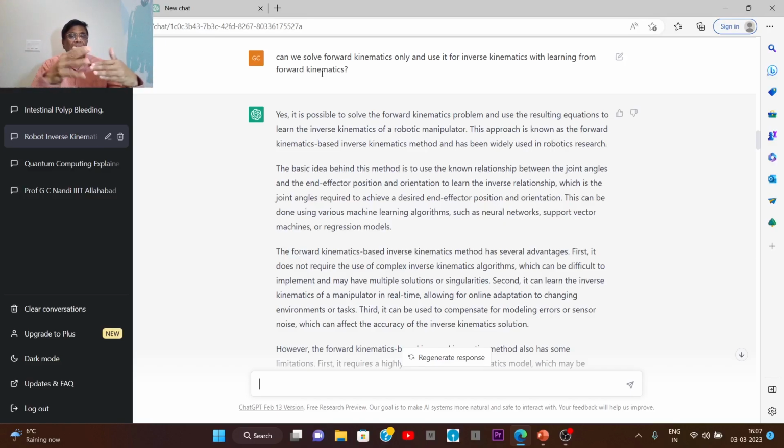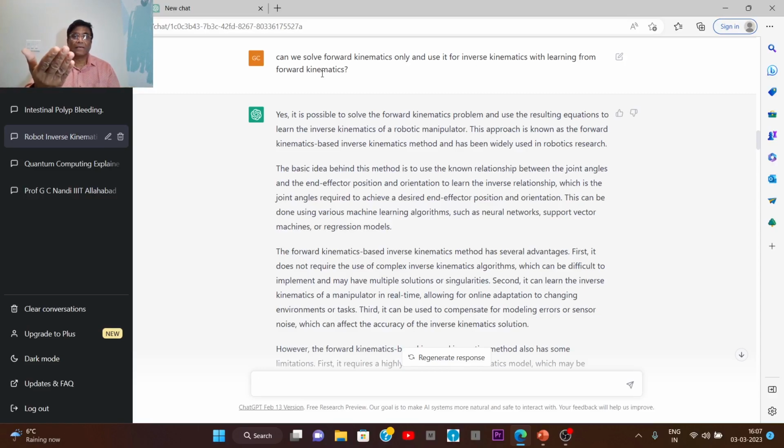Why? Because forward kinematics is a simple problem, where the mapping between Cartesian space and joint space is well defined. Whereas in inverse kinematics, the two spaces are nonlinearly related, meaning you have multiple solutions in the joint space for the same Cartesian space value. Very intuitive also, right?